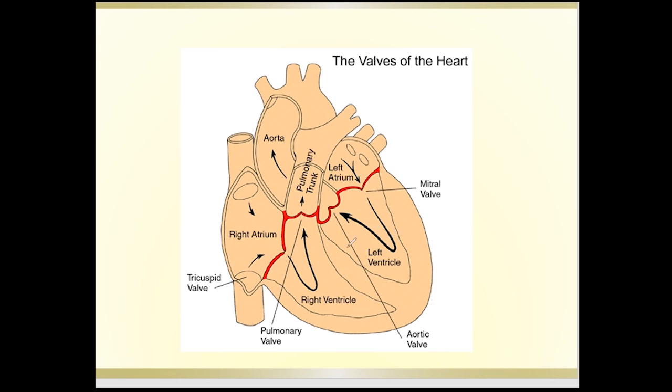The heart sounds come from blood circulation, from the atrium going to the ventricle, and then from the ventricle to the big blood vessels. We know inside the heart we have 4 valves.